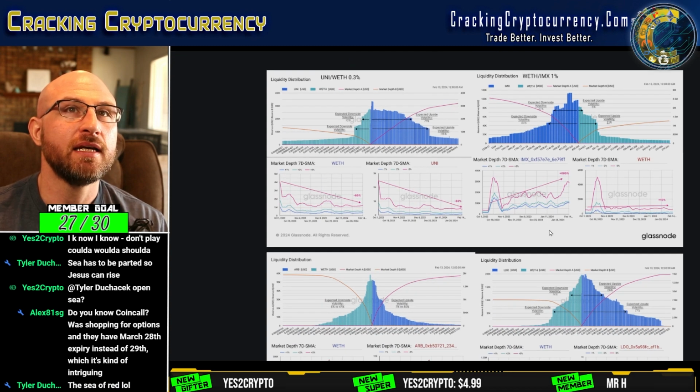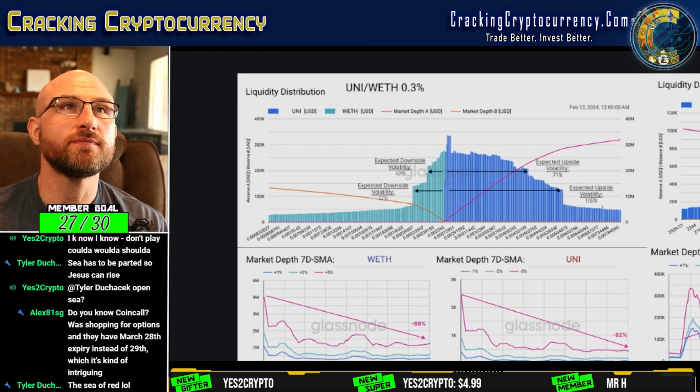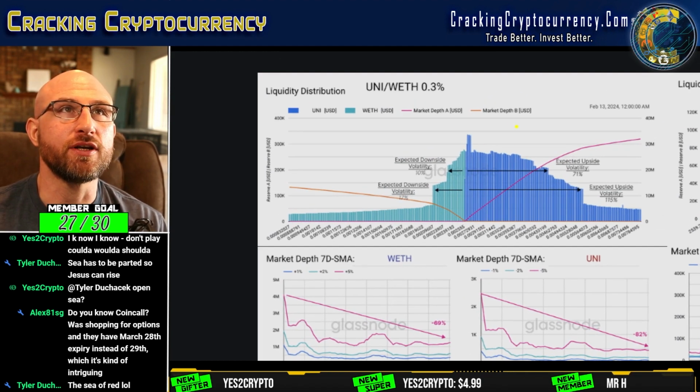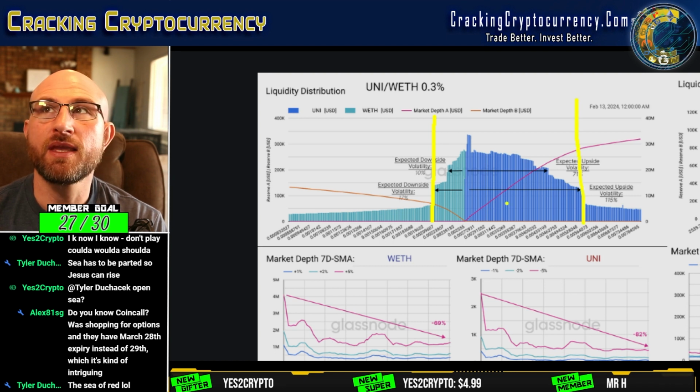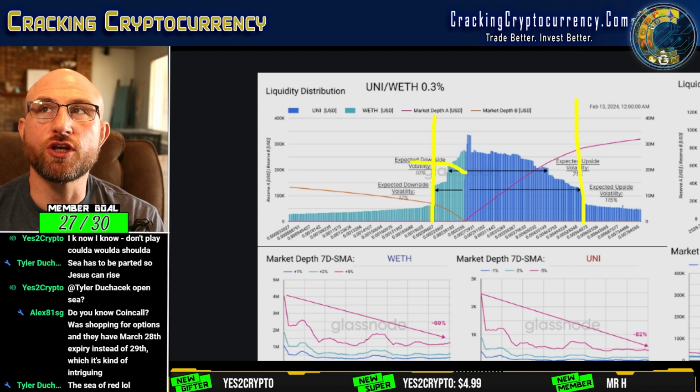Quite complicated dynamics here, but just looking at how these liquidity profiles evolve. For example, here's the liquidity distribution of Uniswap WETH, and you can see that liquidity is very tightly concentrated in this range. With this type of profile, if price were to go over here, we would expect it to quickly get bought back up into the range, because that's where liquidity is.